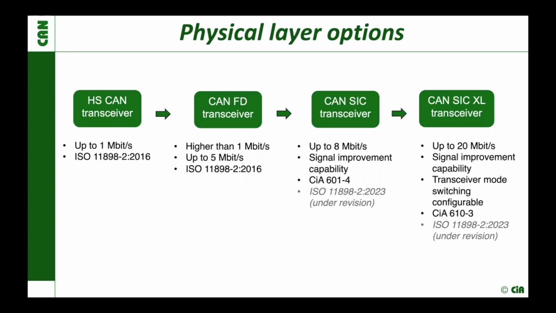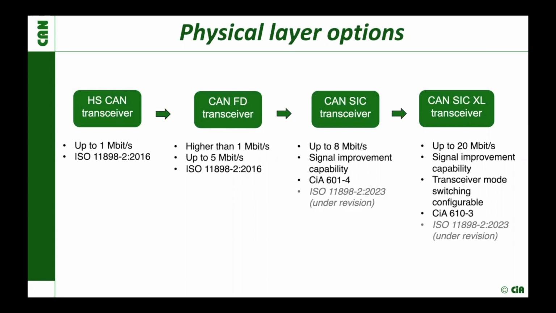In the SIC mode, the transceiver drives dominant and recessive bits. This is the same as the classical CAN. And in the fast mode, the transceiver drives level 1 and level 0 signals with differential voltage levels of plus/minus 1 volt. And optionally, the CAN XL provides the PWM coding.